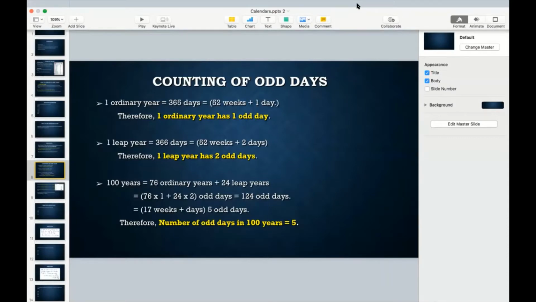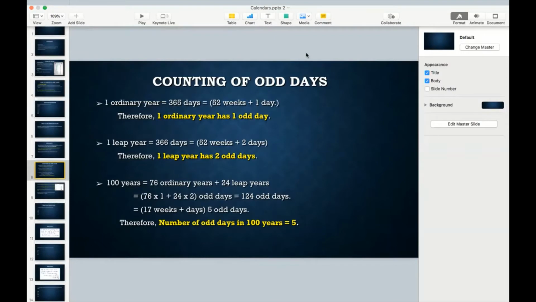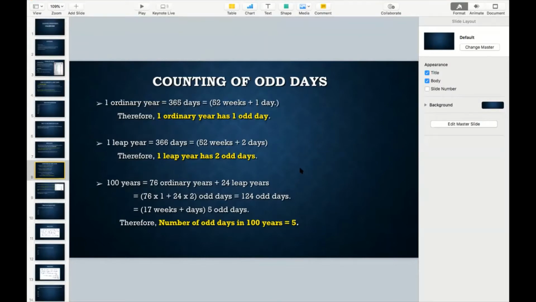Is it clear, guys? So in 100 years we have 76 ordinary years plus 24 leap years. Now try to look at the steps of how we calculate the number of odd days in 100 years.